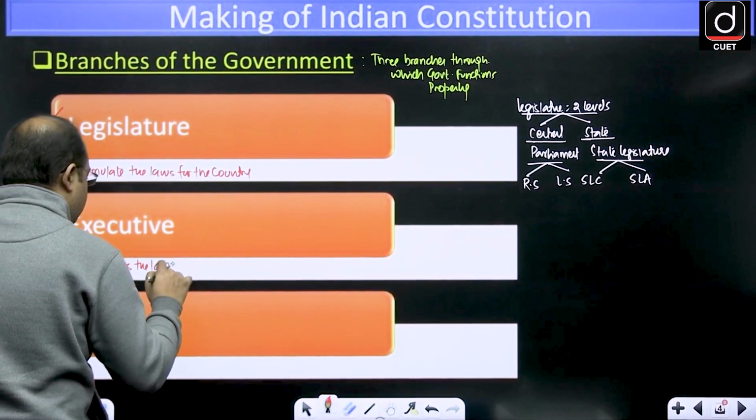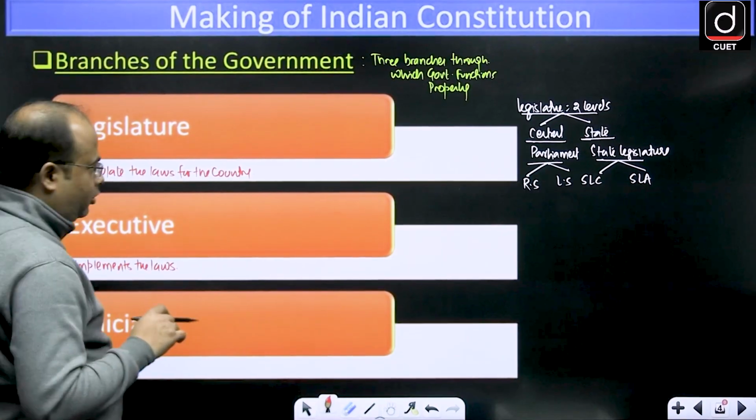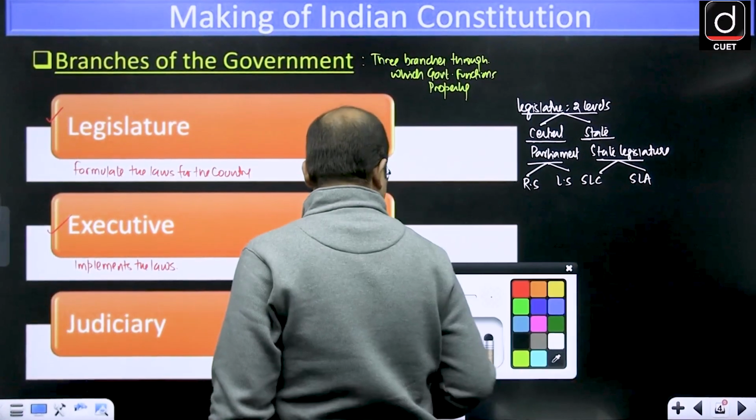Executive implements the laws, and we have two forms of executive.